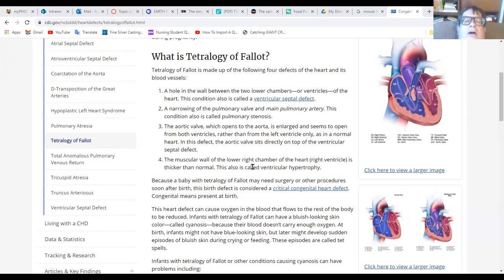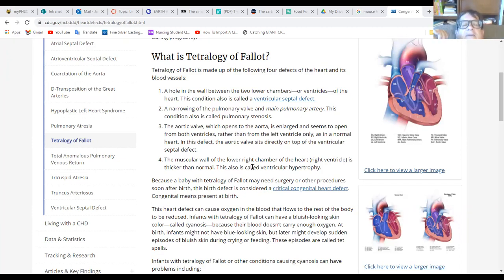But anyway, the CDC, Centers for Disease Control, says that there are 4 different types of defects that they lump together with this name. You could have a hole between the ventricles and the interventricular septum doesn't form well. You could have narrowing of the pulmonary semilunar valve, making it hard to put blood into the pulmonary semilunar valve.